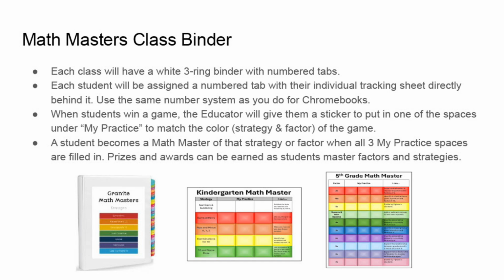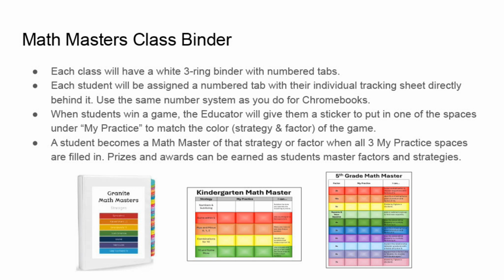Each class will have a 3-ring binder with numbered tabs. Each student needs to be assigned a numbered tab, and their individual tracking sheet for that grade level will go directly behind it. You can use the same numbering system that you do in your classroom for other things such as Chromebooks.